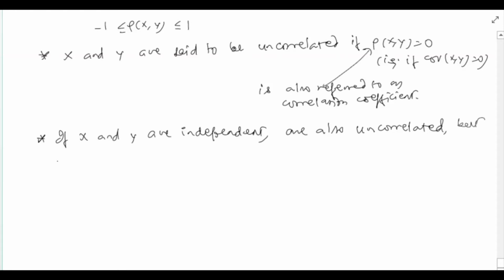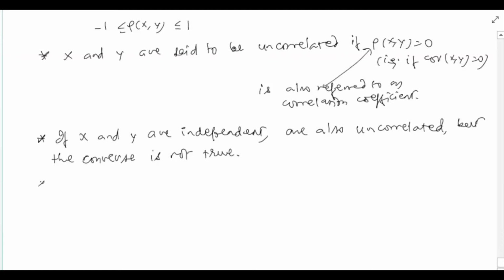But the converse is not true. That is, if the correlation between two random variables is 0, that doesn't mean that they will be independent. We have already seen examples where two random variables had 0 covariance, that means they were uncorrelated but they were not independent.